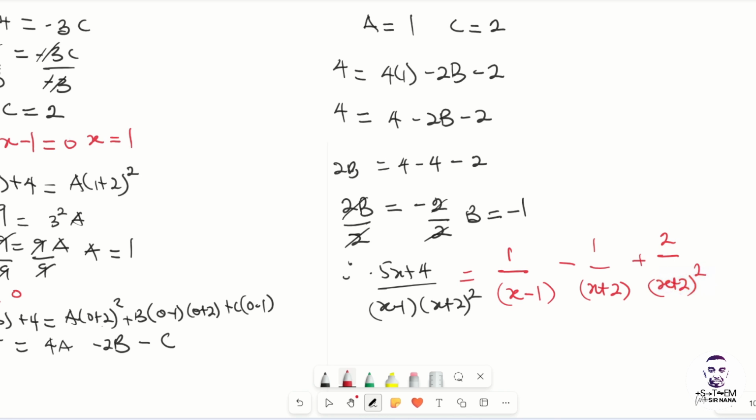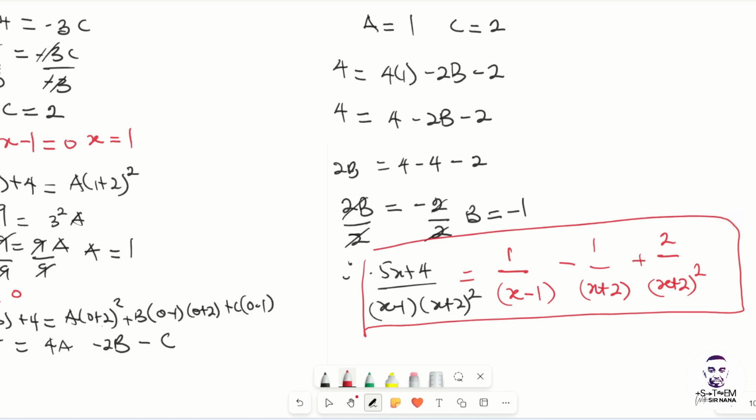So once we find a, b, and c, we must rewrite our expression in partial fraction form, putting in all the values of the variables a, b, and c.